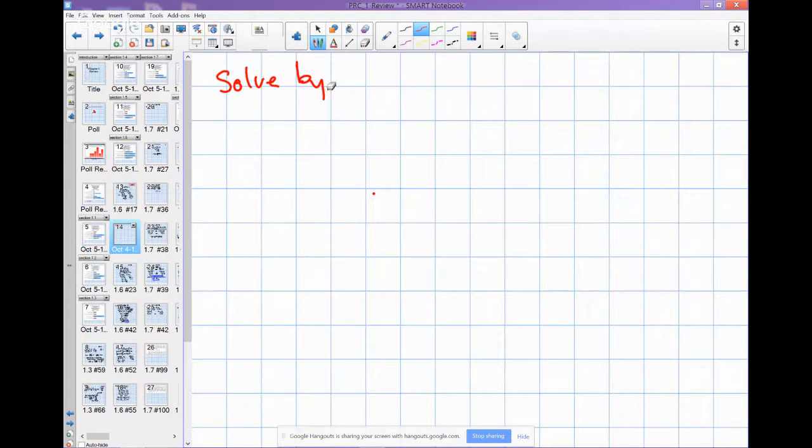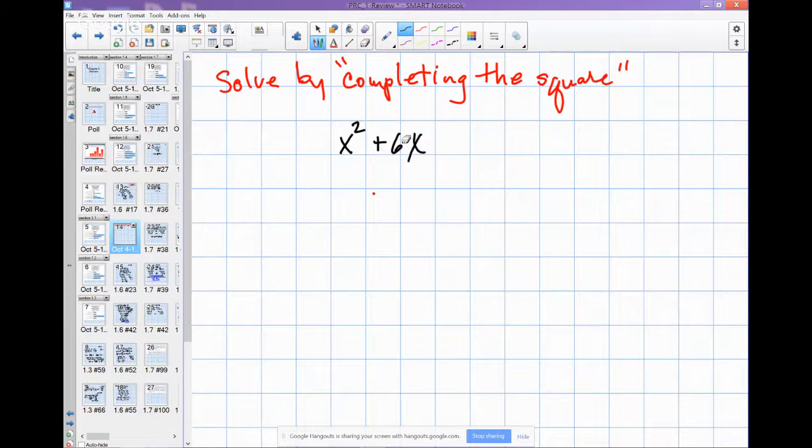So let me just say, solve by completing the square. Sorry about the bad penmanship. All right, so let's pick a problem like x squared plus 6x equals 2.